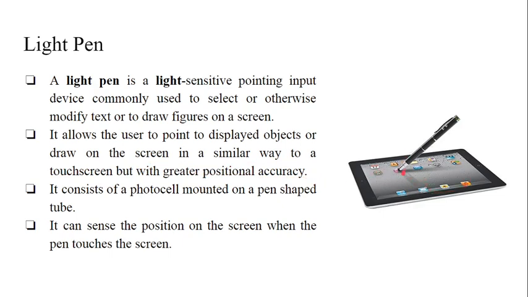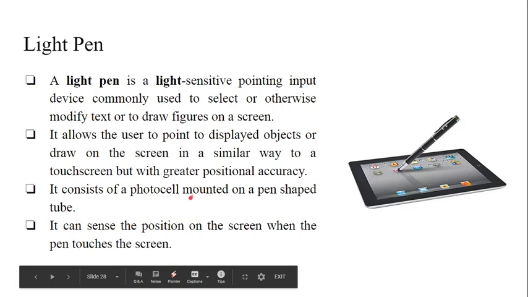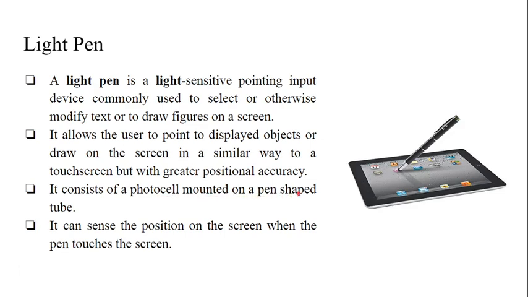This light pen creates drawings with high accuracy. It consists of a photocell mounted on a pen-shaped tube, and this can sense the position on the screen when the pen touches the screen.